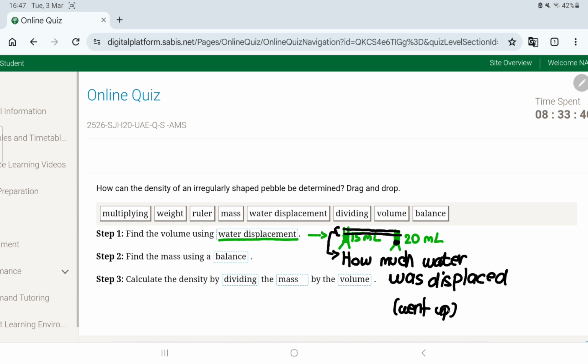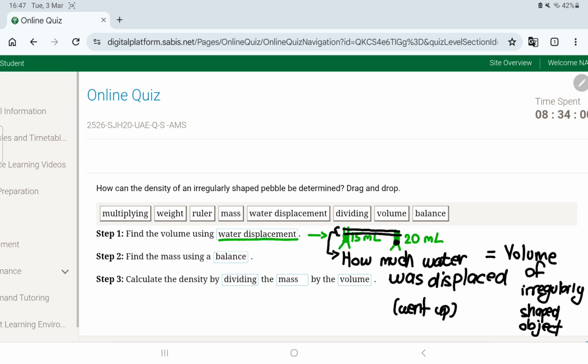And this is equal to the volume of the irregularly shaped object.